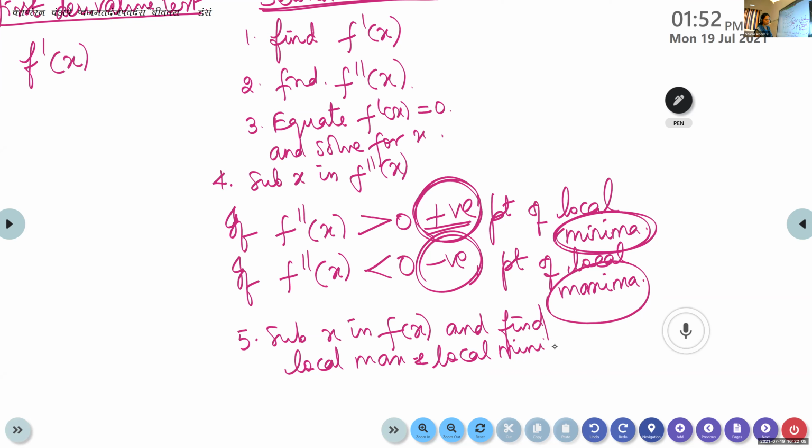If it is negative, it is a point of local maximum. Once you get this x value, we want to find the corresponding y. y is equal to f of x, so substitute in f of x. So we will get the local maximum and local minimum.